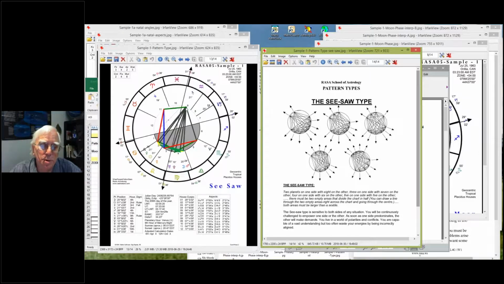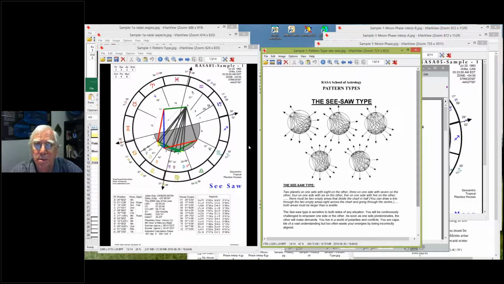If you're going to do it on your own chart, just use a pencil line to fill this in so you can see the shape, the outline of the pattern. Then it's a lot easier to do. Just the lines between the planets, not to the angles, not to the midheaven, just between the planets.